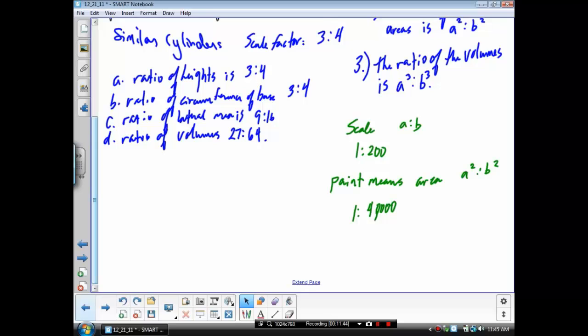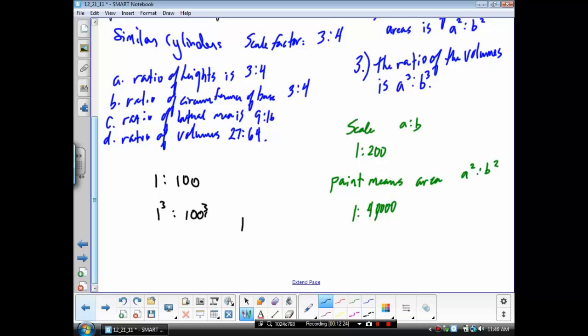Because if we're talking about going from 1 to 100 and you're changing to volume, 1 centimeter to 100 centimeters, when you talk about volume, is 1 cubed to 100 cubed, which is a million. So when you are changing from cubic centimeters to cubic meters, you have to actually divide by a million, or by 100 cubed.